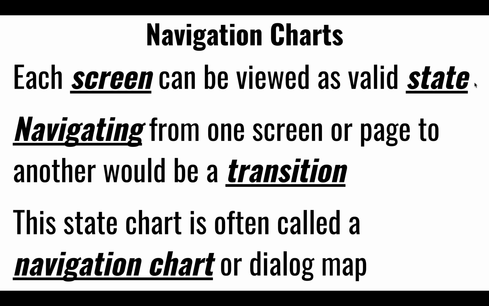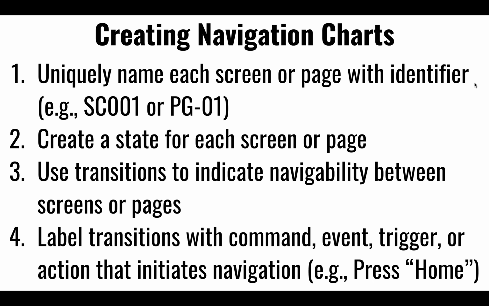Another useful application of charts is to document the navigation of an application as you go from one screen to the next, as the user generates an event and causes the application to transition from one screen to the next. We can document this using navigation charts. Typically, these would be formally represented as nodes, the different screens that represent your application.